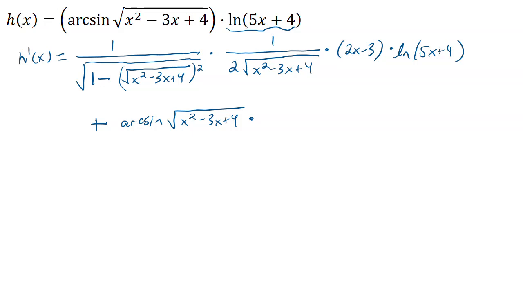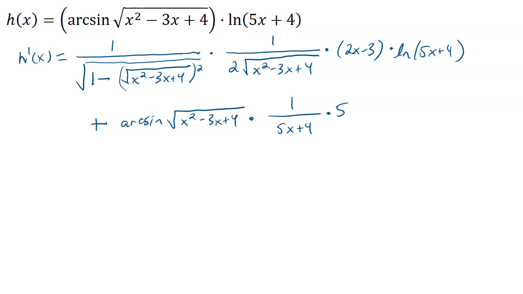And so the derivative of natural log is 1 over the argument, in this case 5x plus 4, but then we have to multiply that by the derivative of the inside, applying the chain rule again, and the derivative of 5x plus 4 is just 5.